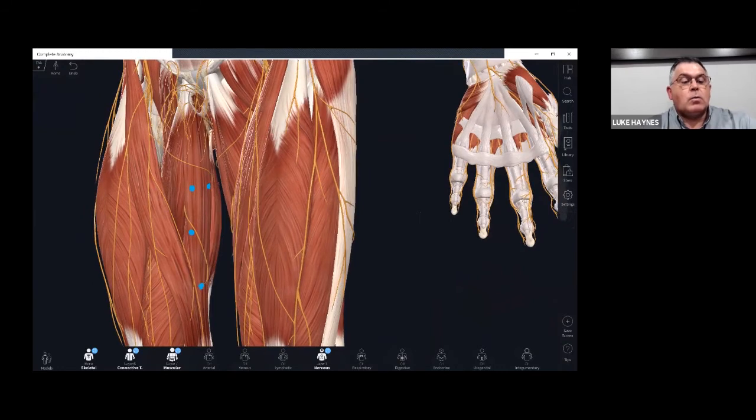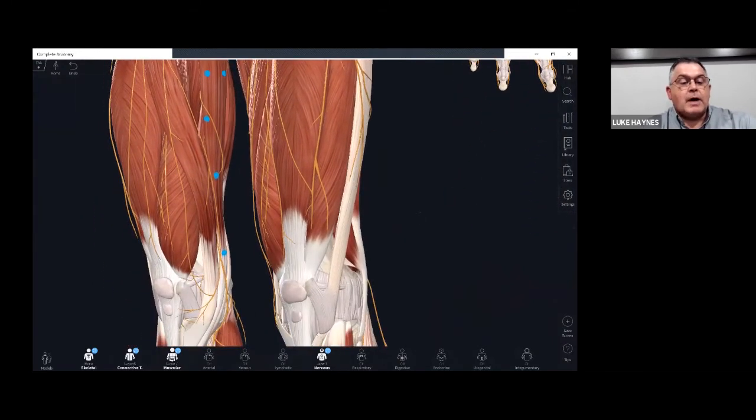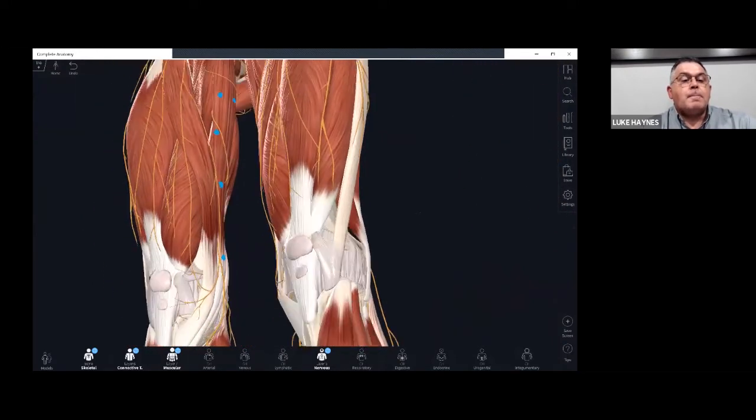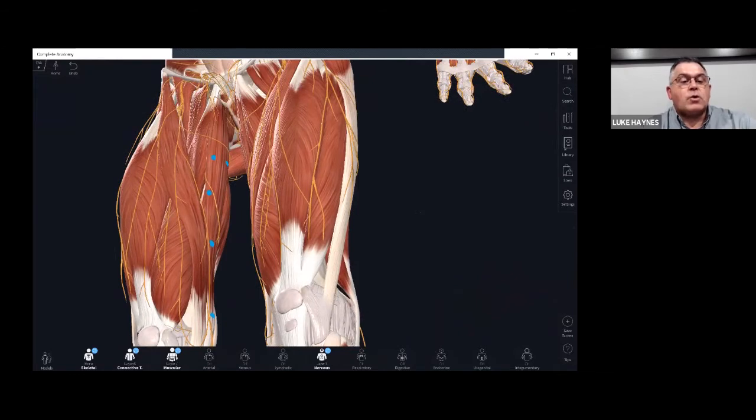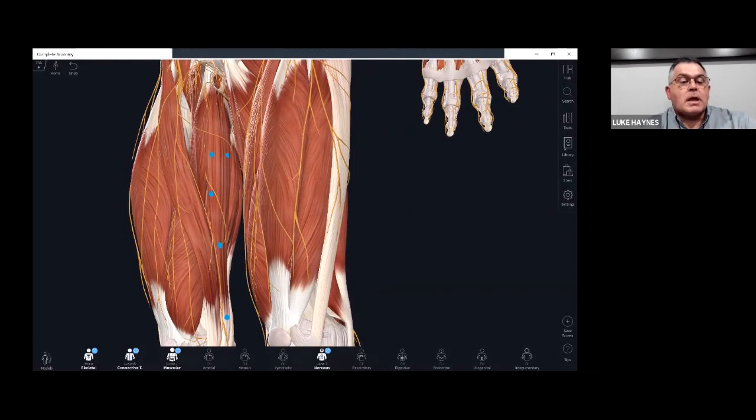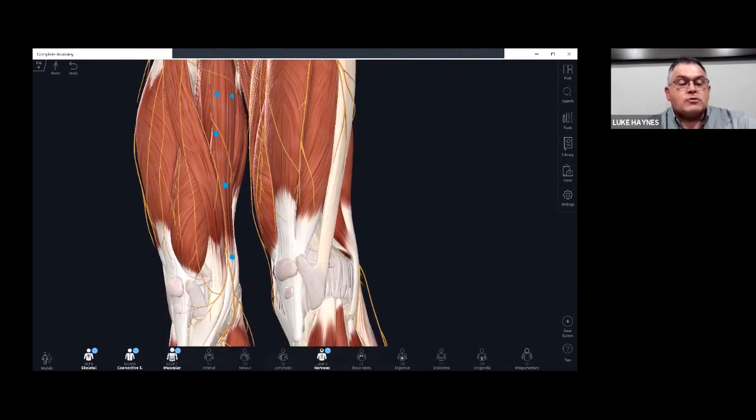We also will want to now drop into where sartorius and gracilis come together. We'll want to drop a needle here. We'll take that same line between sartorius and gracilis down to the superior pole of the patella and drop a needle in that location as well, which is also going to be very similar to our location for the adductor tubercle.